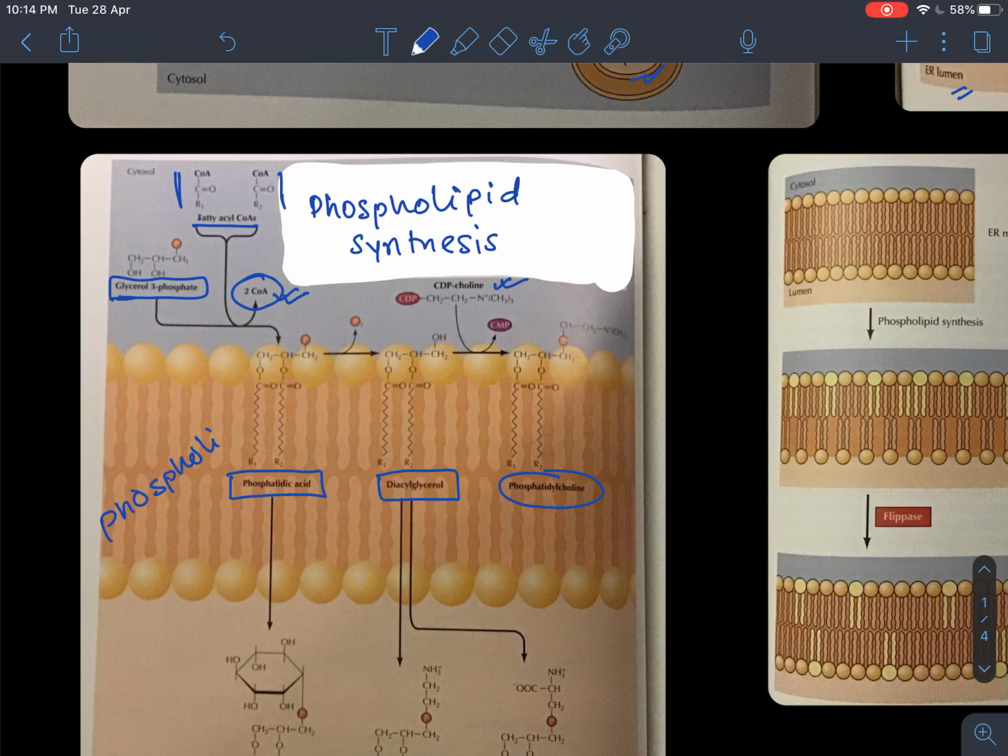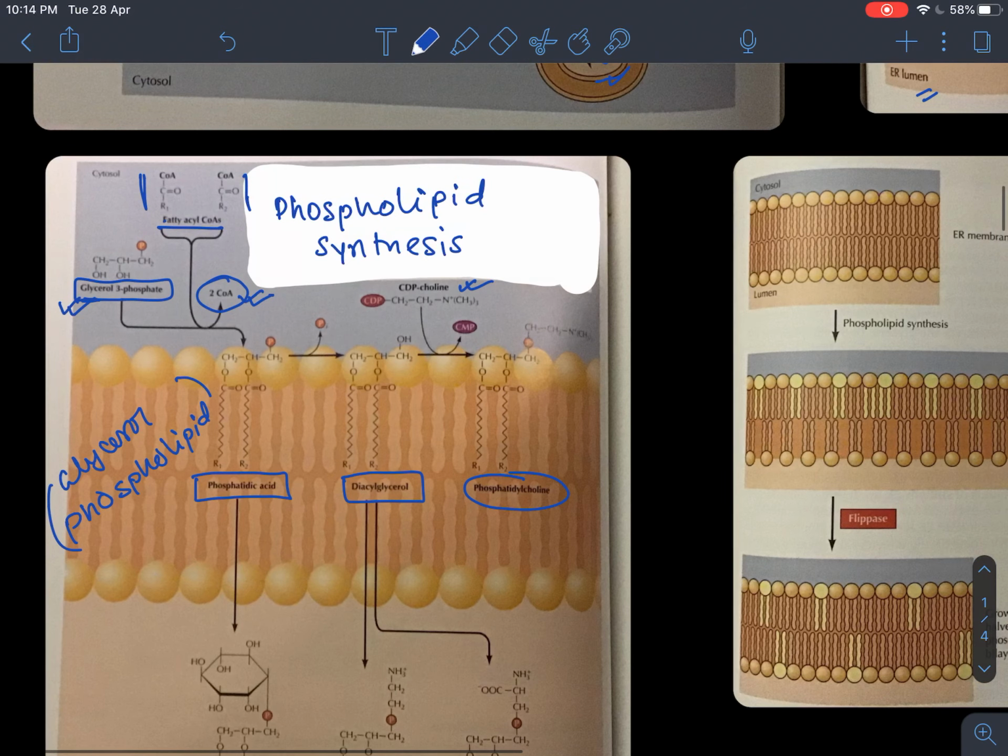Phospholipid means there will be fatty acid and phosphate, but this is glycerol phospholipid because the precursor is glycerol 3-phosphate. Okay, hope that makes sense. We have glycerol 3-phosphate, we have two fatty acyl CoA, and these fatty acid residues are being associated with the glycerol 3-phosphate, so that's why we call it phosphatidic acid or glycerol 3-phosphate.